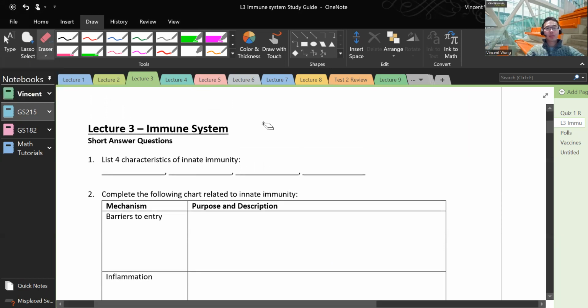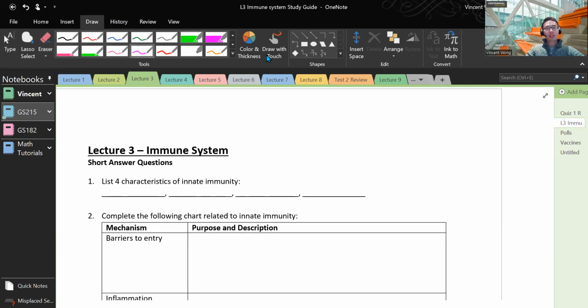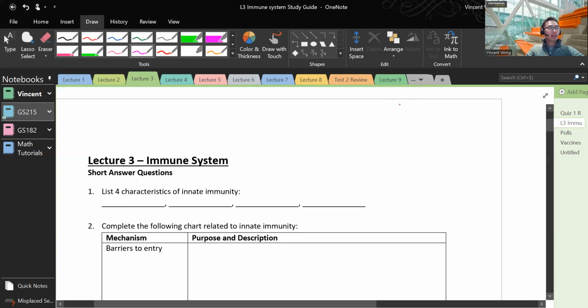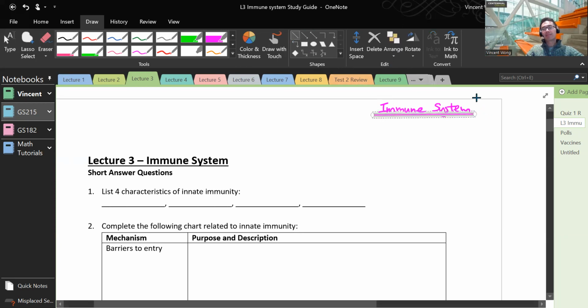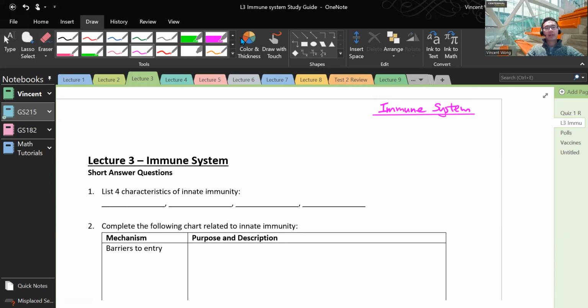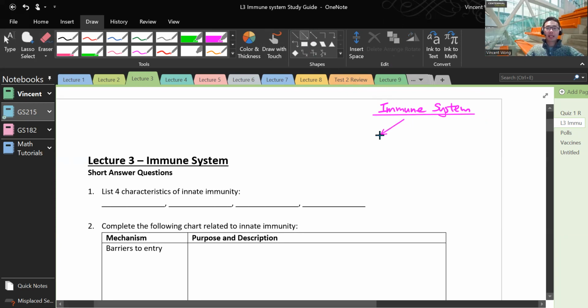So it's a good idea to have a quick refresher on what immunity is. So basically, you have your immune system as a whole, and that gives you the ability to defend the body against foreign pathogens. And your immune system is separated into what you are born with. So that's called the innate immune system.